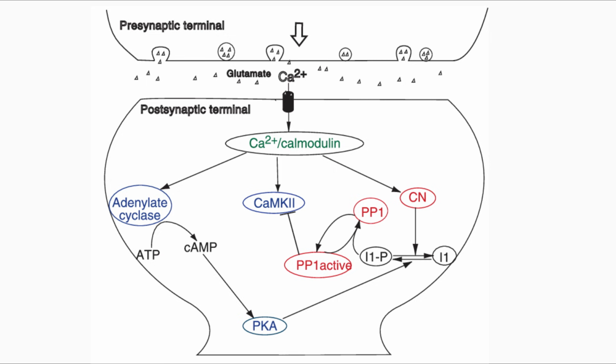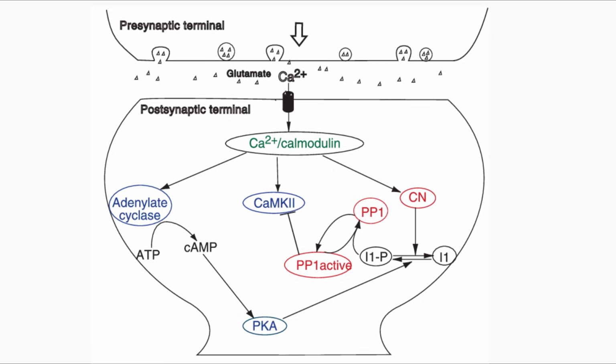Now, calcineurin, once active, will dephosphorylate the key sites and also activate PP1. Calcineurin can trigger a cascade that inhibits an inhibitor of PP1, thus disinhibiting PP1. This leads to AMPA receptor dephosphorylation and internalization, which is the hallmark of LTD, like we discussed in my first video.